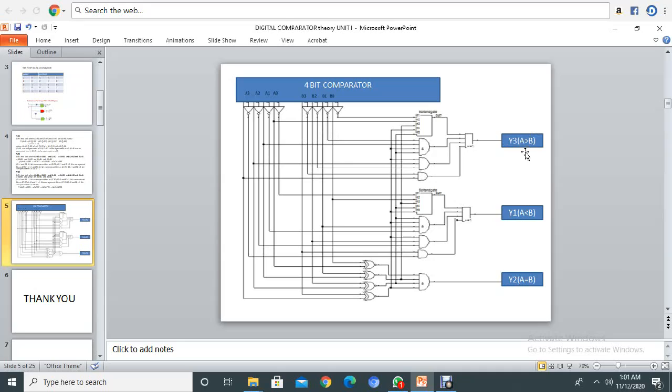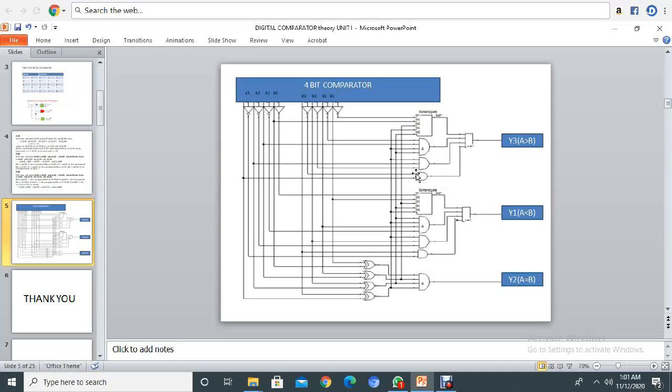So A B bar, A3 B3 bar. In this we are connecting A3, next B3 bar, A3 B3 bar.